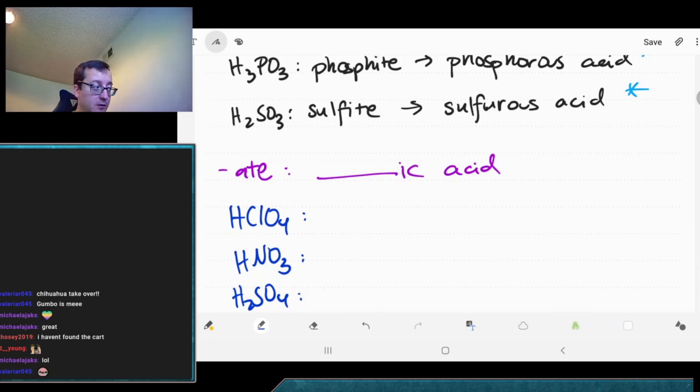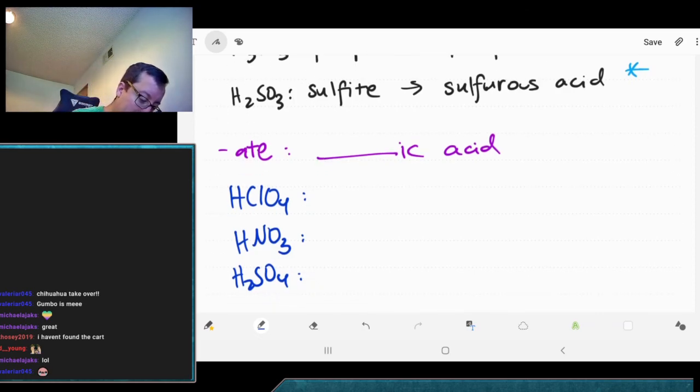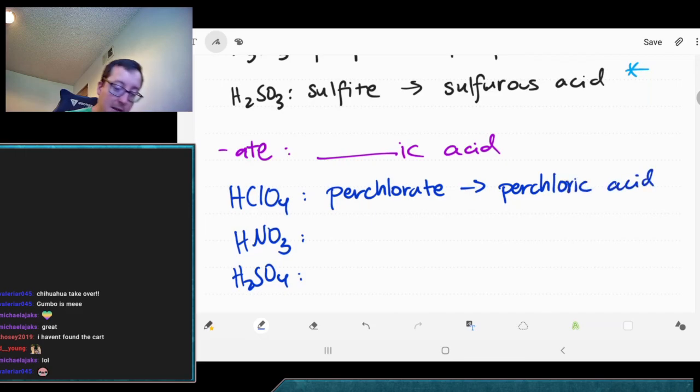So sulfate has 2- charge, you need 2 H's there to balance that out. Perchlorate becomes perchloric acid. So everything that's not the ate gets chunked into that blank spot. Nitrate becomes nitric acid.